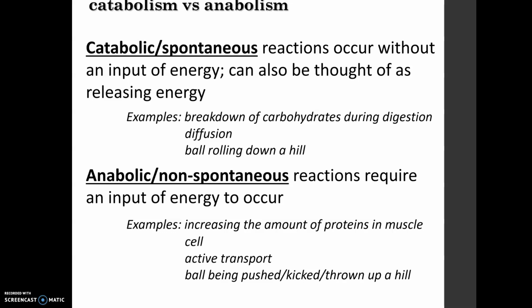And so a cat is catabolic. It breaks things down. And when you do that, you can also release energy. So just like the breakdown of carbohydrates during digestion, that's going to release a little bit of energy to us. Diffusion, we don't put any energy into it, but we do release a little bit of energy. A ball rolling down a hill, again, that is going to be a catabolic or a spontaneous reaction.